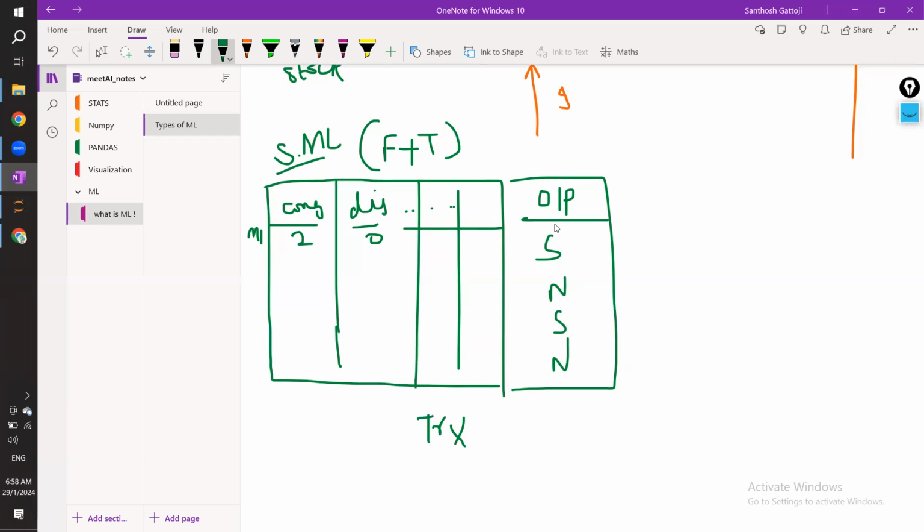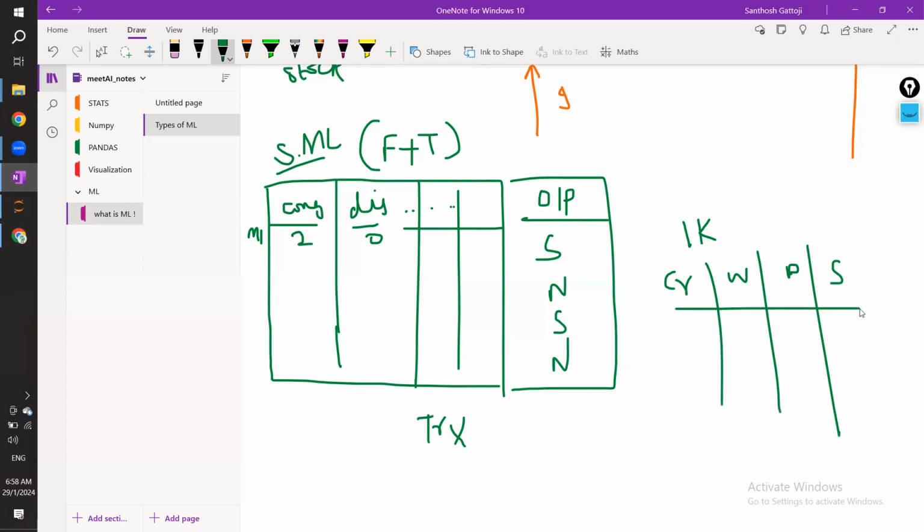Let's say you have 1K customers' data: the credit card limit, the usual money withdrawal amount, the money deposit amount, his salary, etc. You have all these features for person 1, person 2, till person 1000. These details are readily available in your system because you are a bank employee.